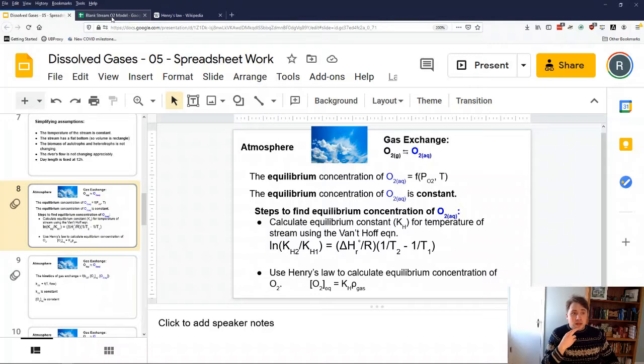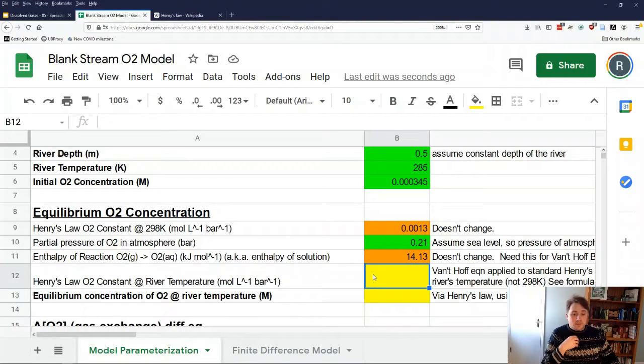So to implement that, we'll go back to our spreadsheet, and we'll say Henry's law constant at the river temperature, 285, is equal to the Henry's law constant at 298, which is stored in cell B9, multiplied by e raised to, and to raise e to something, you put exp in a spreadsheet. That's the function that raises e to something.